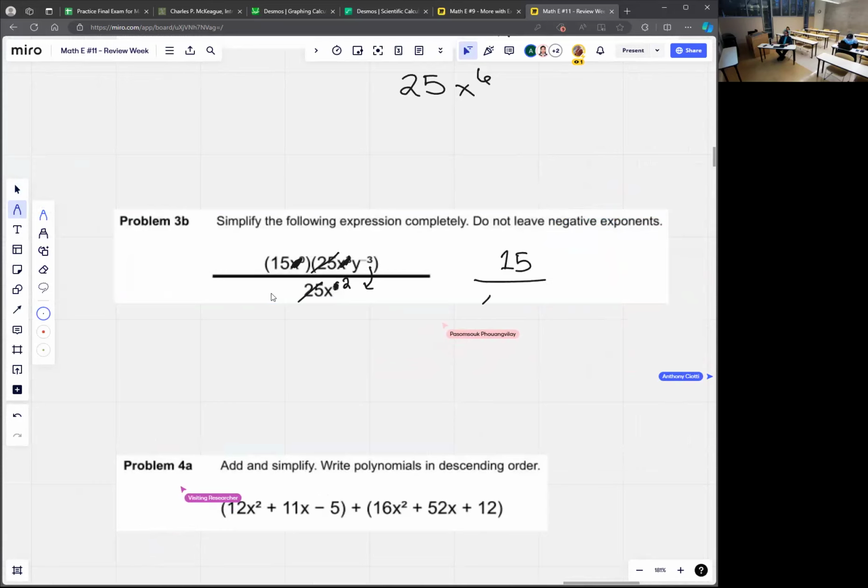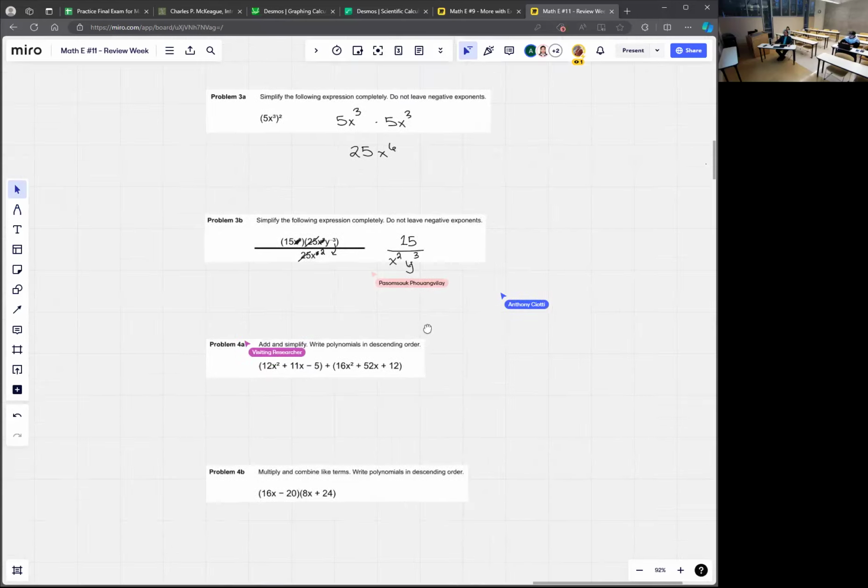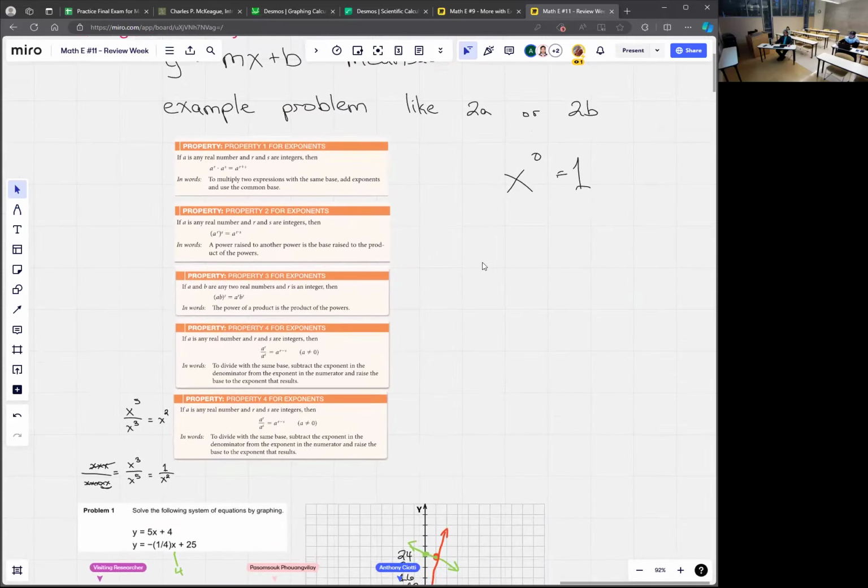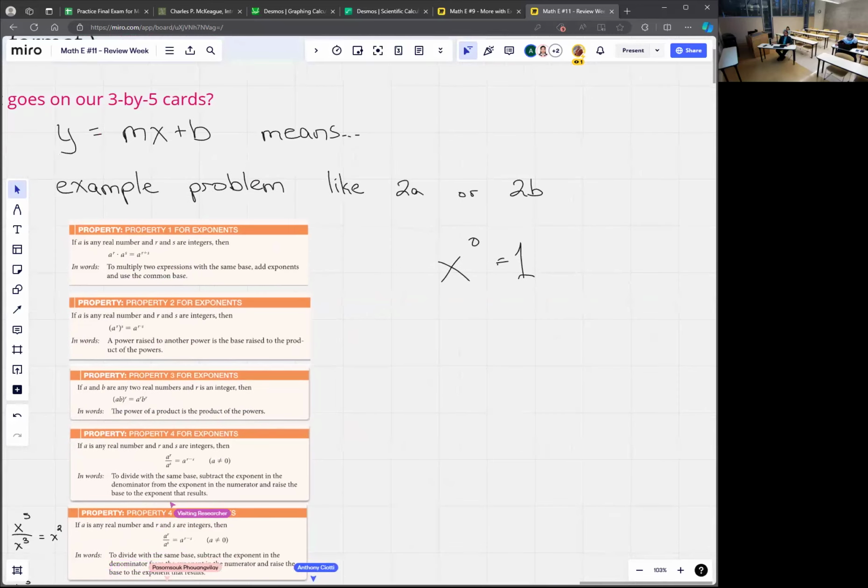And on the bottom, I have an x². Wait, why is the y cubed moved to the bottom? Because it's a -3. Oh, and negative means move it from top to bottom or bottom to top. Oh, that part. And so that looks like something to put on our 3x5 card.